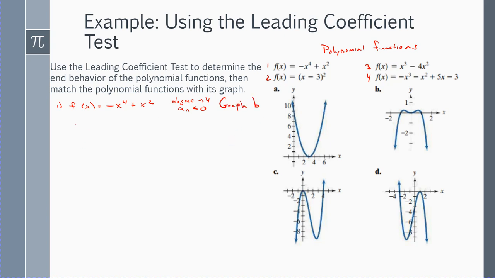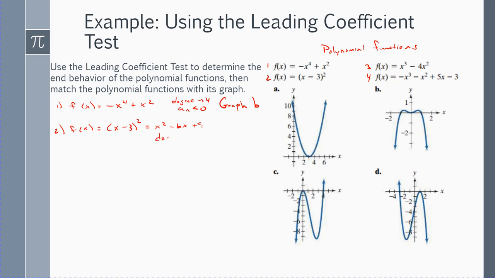Now let's look at this one. If you were to FOIL this out, you would get x squared minus 6x plus 9. You can see it's degree 2, but there's a cheat way to do this. You can just say x, and then there's a square, so it's degree 2.